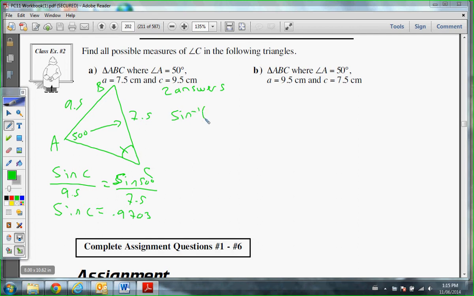Inverse sine to get my reference angle is 76. So that's one answer. We expected 2, so I also have to do 180 minus 76. So your two answers are 104 and 76. It's or, not and. It can be one or the other.